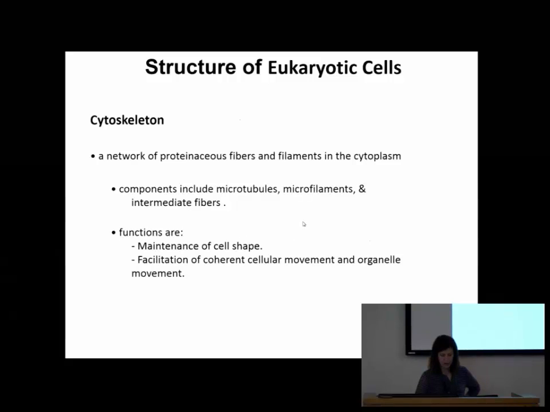Microtubules are found in structures that need support. So axons and mitotic spindles, right? So they're about 25 nanometers in diameter. Microfilaments are composed of actin, and they are involved in ameboid movement. And there's various compositions of intermediate fibers.